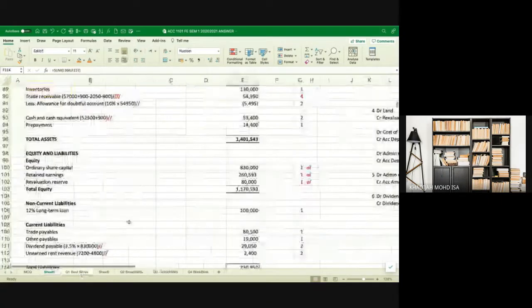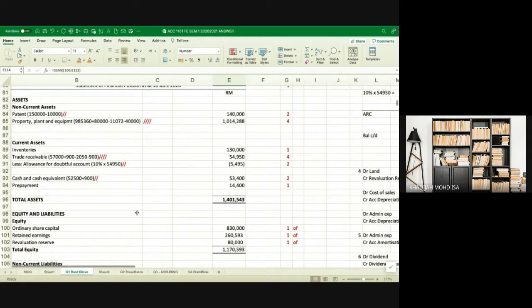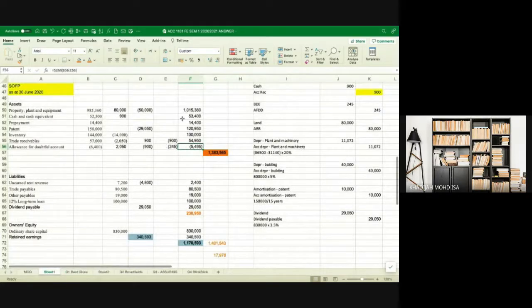So what went wrong? My asset is, I have non-current asset, patent, minus 10,000. Property 1014. I want to check on my property. 1014. So my property is not the same. What went wrong? Depreciation is 11,072. Oh, okay, I got it.